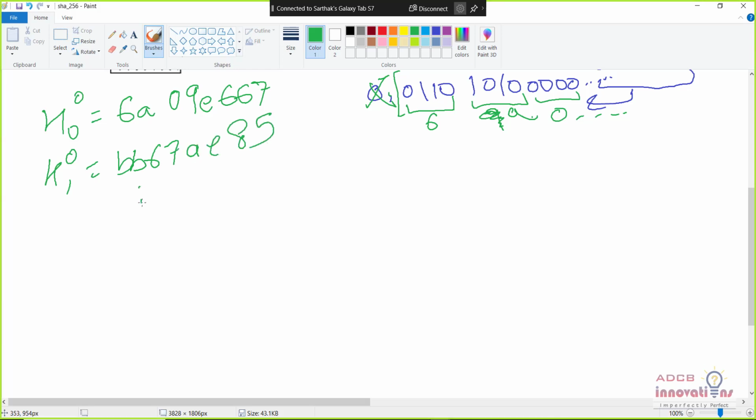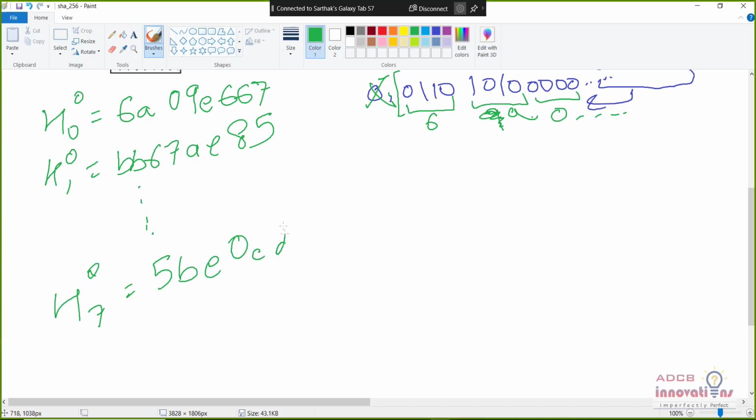This is the value, and when we go towards H7, this is actually equal to 5BE0CD19. So this is how these values are calculated, and this is how we get our initial hashes, that is H0 to H7.